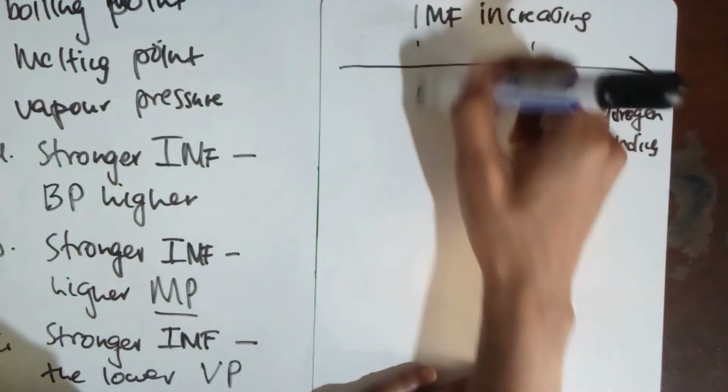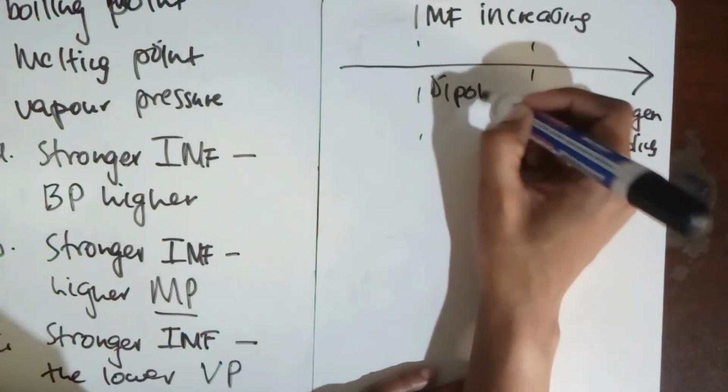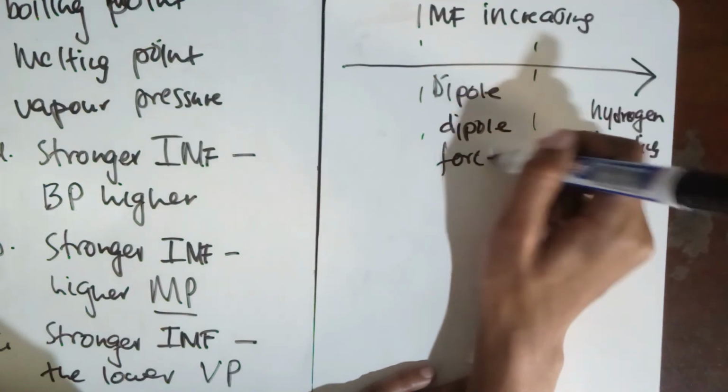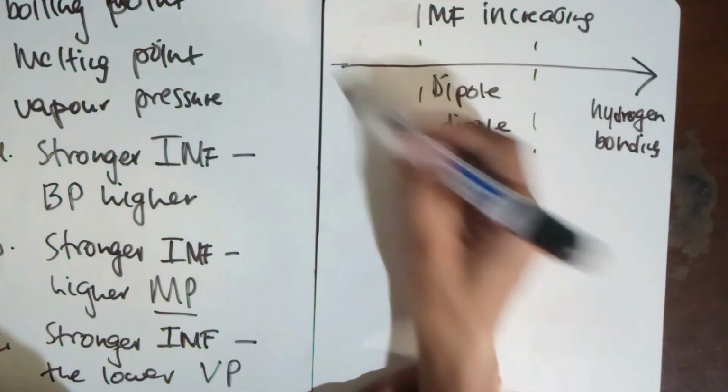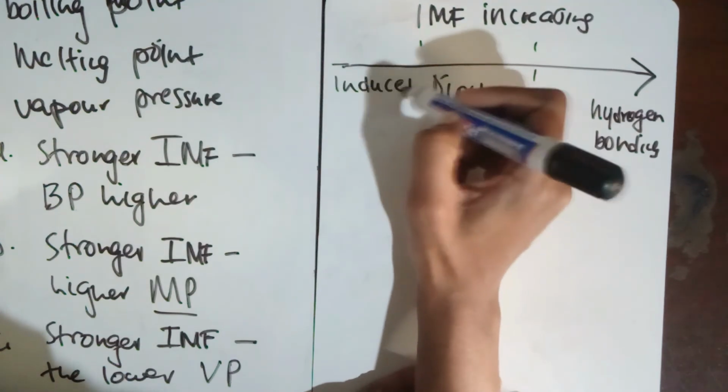And then perhaps there, in the middle, we will find dipole forces, right? And then at the other end, the weakest of ours are London forces or induced dipole forces.